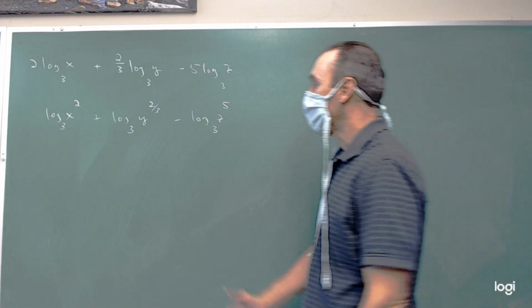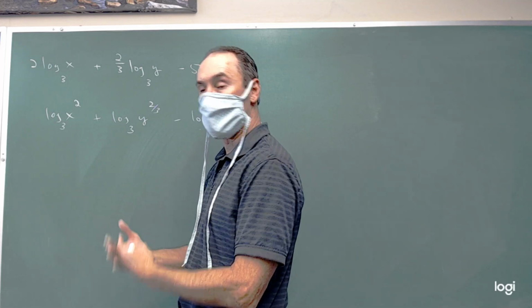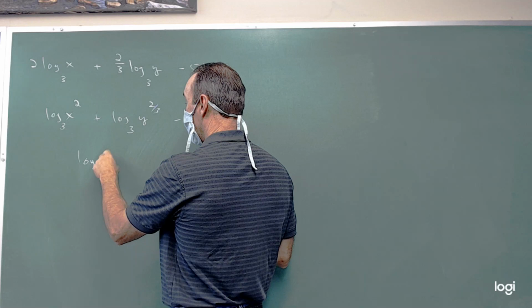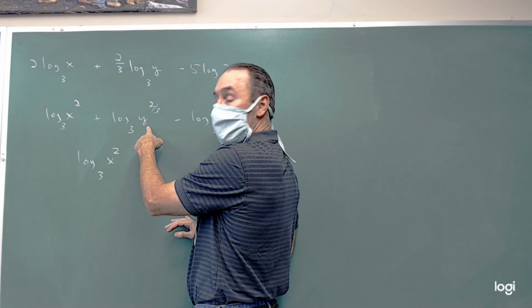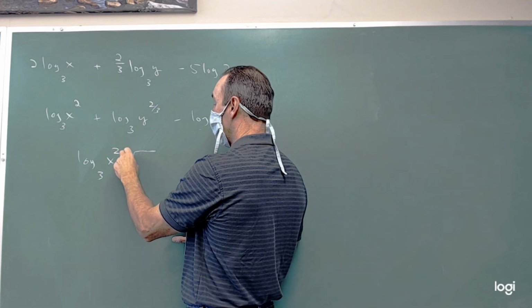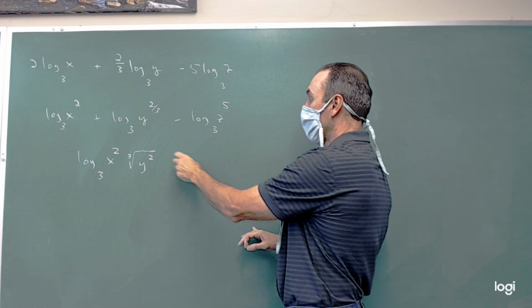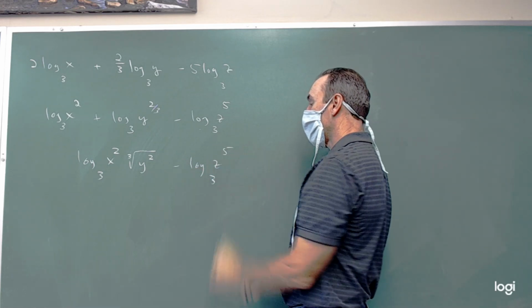We can see that the addition of logarithms is going to make that a product. So I'm going to make that the log base 3 of x squared, and I'm going to write this in radical form. The 2/3 power is the cube root of y to the 2nd. And then we have a minus a logarithm base 3 of z to the 5th.